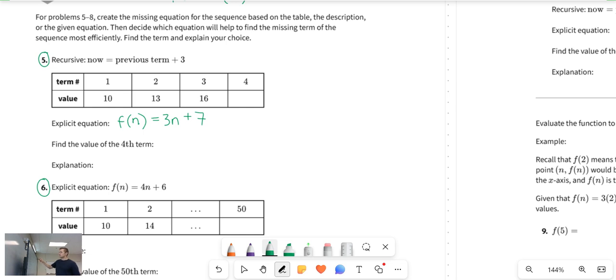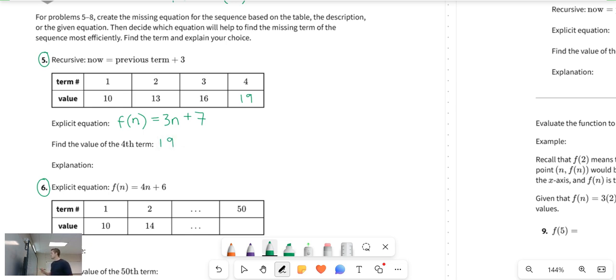And it's definitely easier to use the recursive on this one since we have the previous step. So if the previous step was 16 and we're going to go up 3 from that, our fill in the blank should be 19. So find the value of the 4th term. That's going to be 19.